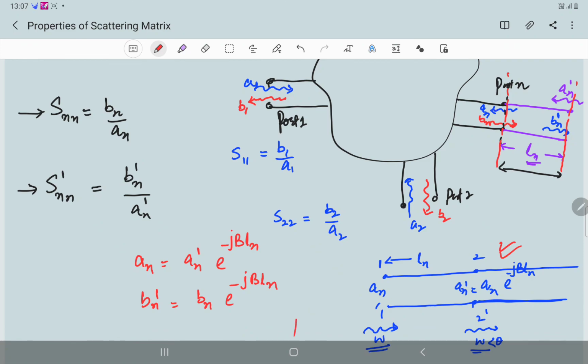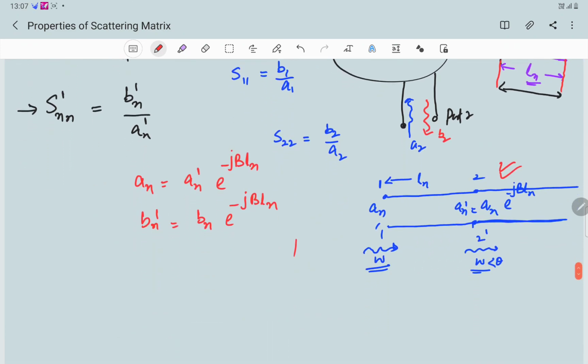Or in other words, if I name this equation 1 and this equation 2, from equation 1 I can say An dash is equal to An e to the power minus j beta ln. When I take it to the other side, it will become plus j beta ln.